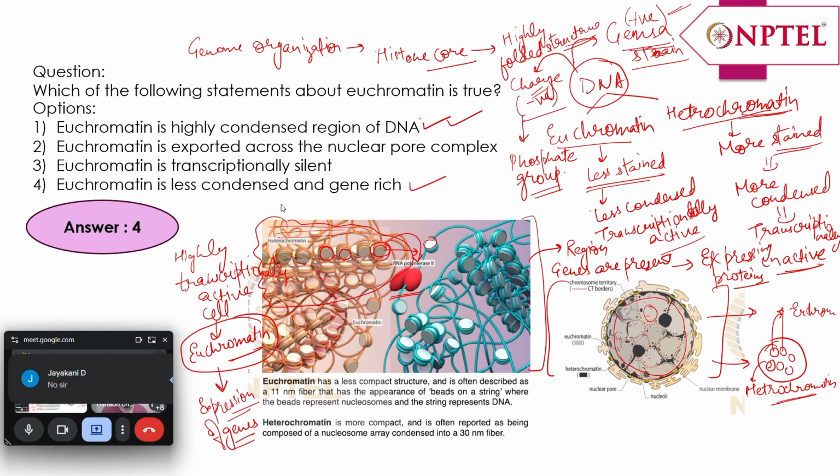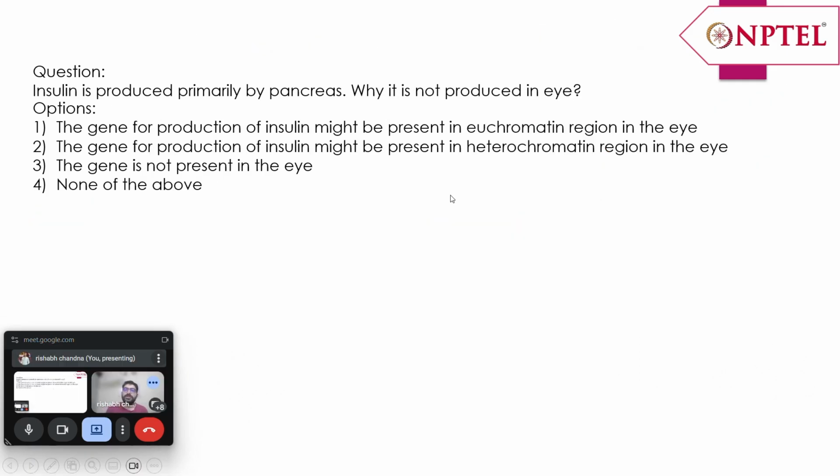Okay, so let's move on to the next one. Insulin is produced primarily in the pancreas. So why is it not produced in the eye? What can be the correct answer?